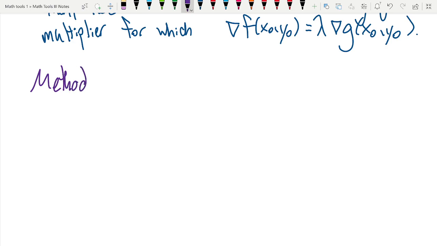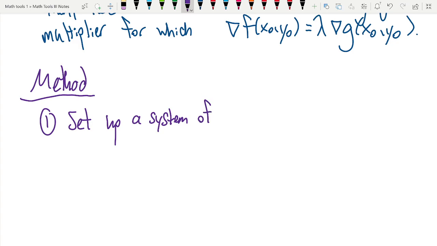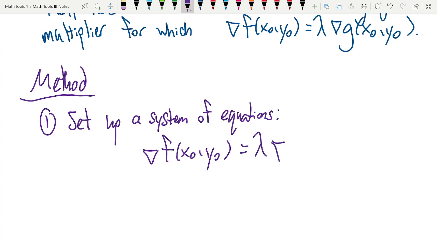Okay, so the method, one, would be set up a system of equations where we have the gradient of f at x0, y0 equals lambda times the gradient of g at x0, y0.